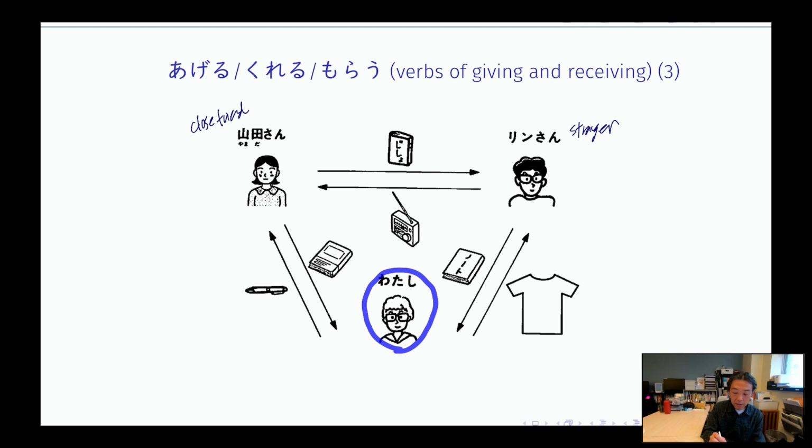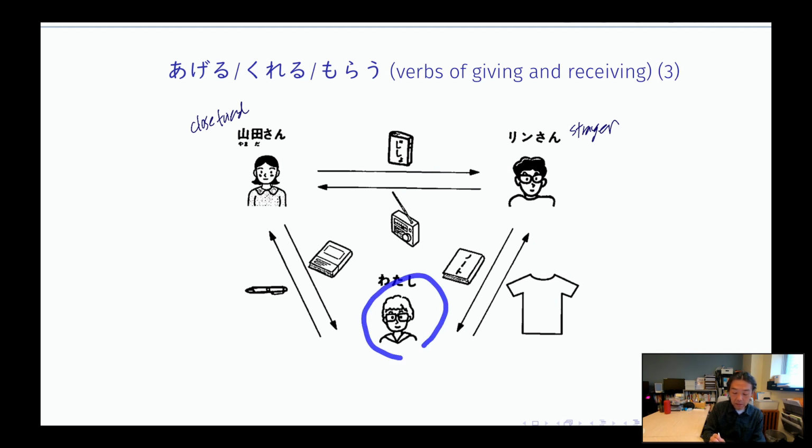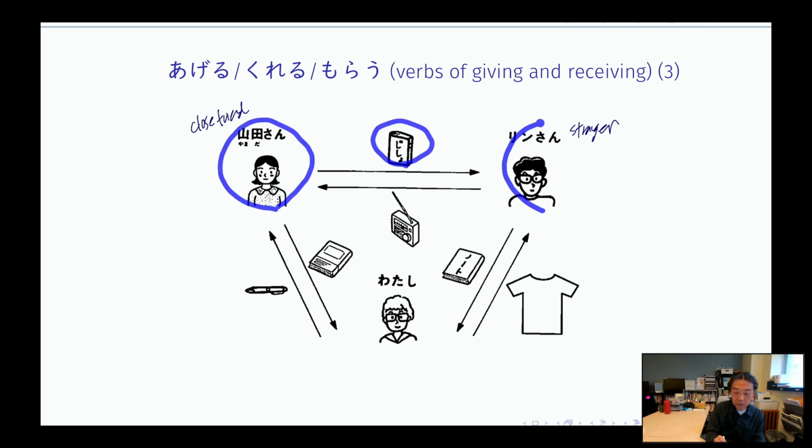Okay. Let's think about this transaction. 私はリンさんに T シャツをあげる。Okay, so it's coming from Yamada-san to Lin-san.